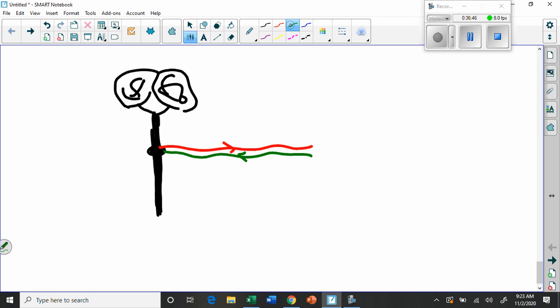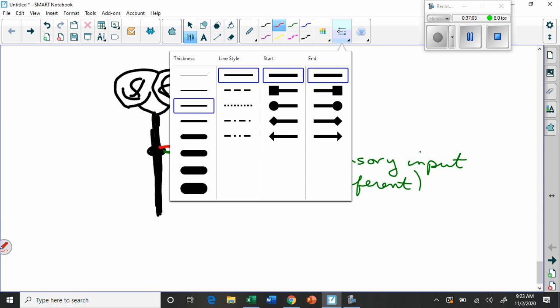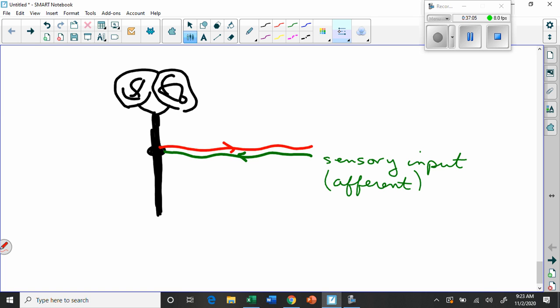So what we have is sensory input coming in. So that would be an afferent neuron. Afferent neuron. And then the red one would be motor action coming back out. So this would be, we typically call them a motor neuron, not necessarily a motor neuron.